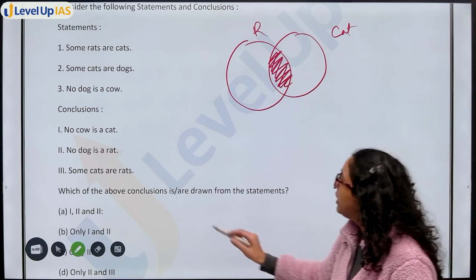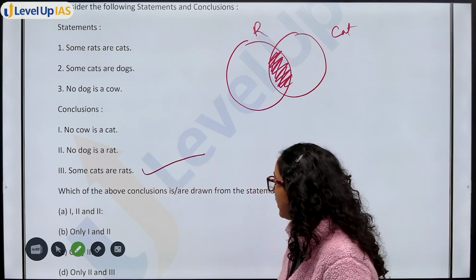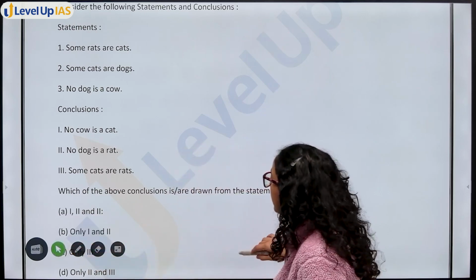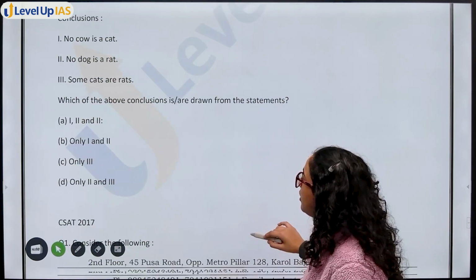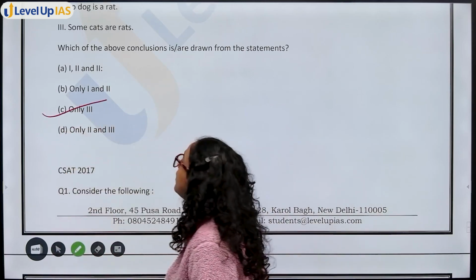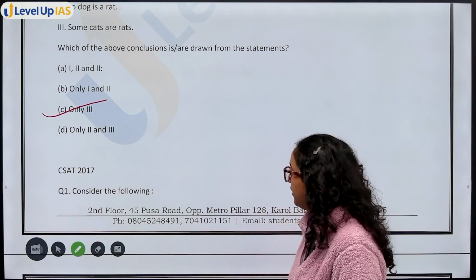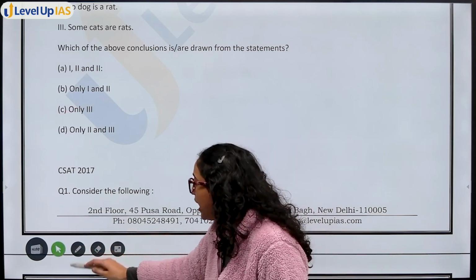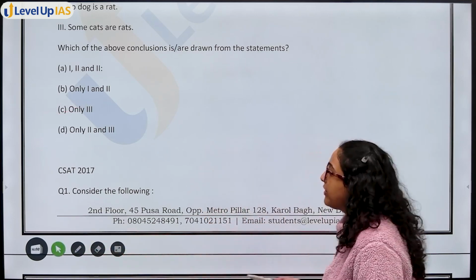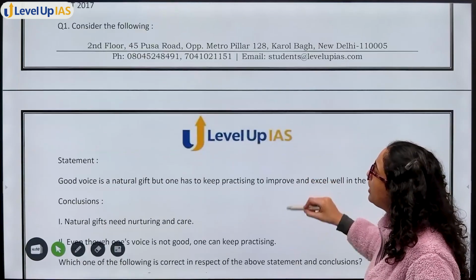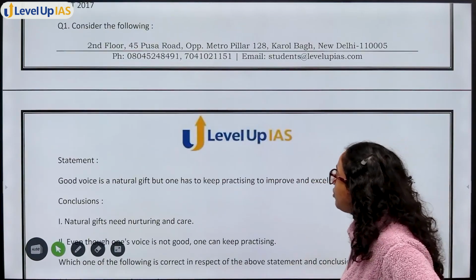Only this conclusion, that is only conclusion 3, is true. Option C will be your answer. Some cats are rats. In general also, if you have some A are B, that means some B are also A. So moving on to the next question of CSAT 2017.